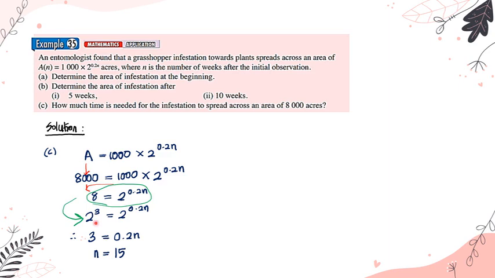When the bases are equal, which is 2, we can compare the index. So 3 is equal to 0.2n. To get n, you just simply divide 3 by 0.2 and you will get n is equal to 15.